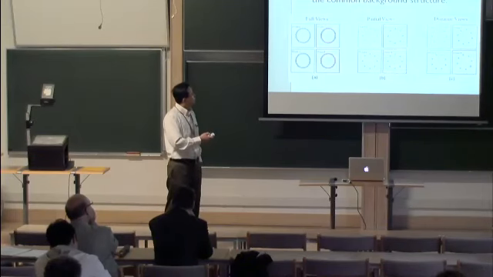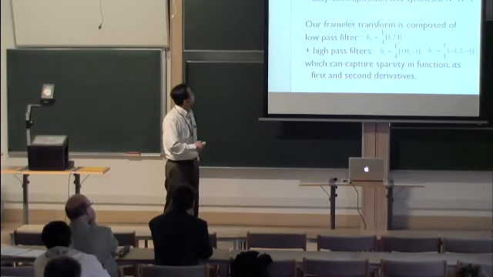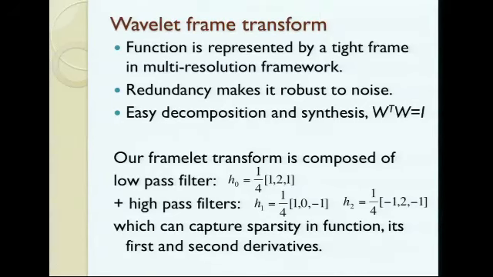Okay, so this is basically the application and our model. Here are some details about what we do. First of all, our sparsity is not enforced in the function space itself, but in the transform domain, which in our case is represented by a tight frame. The tight frame is a kind of multi-resolution framework, but it's different from an orthogonal basis like the usual wavelet transform in the sense that it has redundancy.